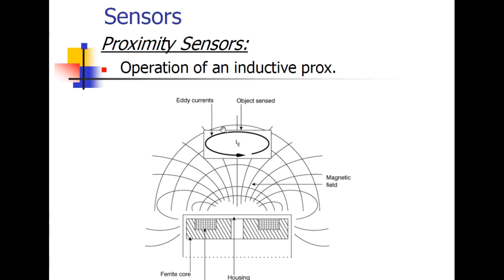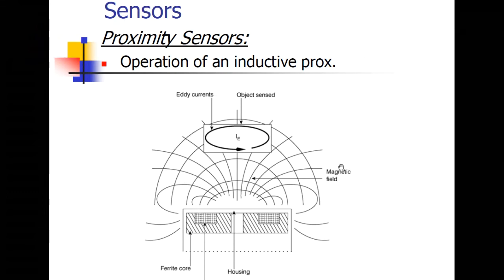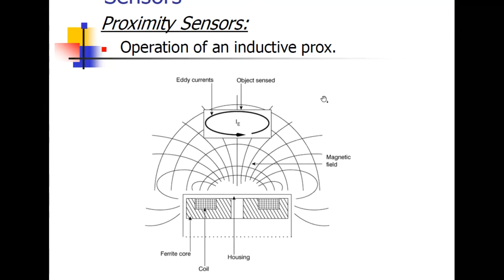But when the metal object comes inside the magnetic field, it basically lowers the amount of resistance it's taking to cause this magnetic field, and it draws more current, and that then triggers the sensor to send a 1 to the robot to tell it that there's an object there. The object is here.